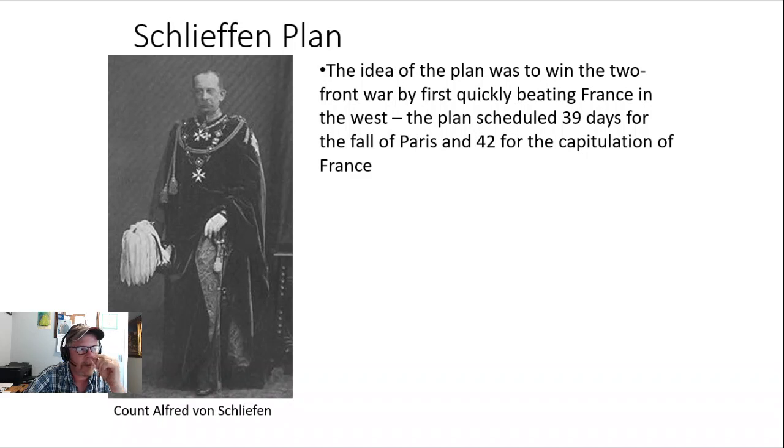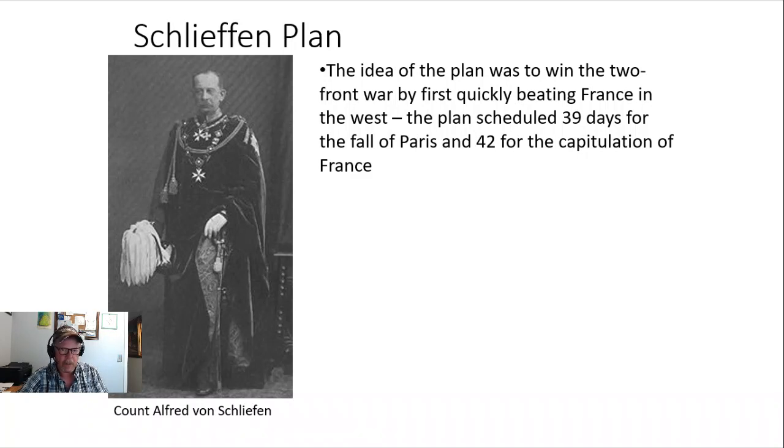We're going to hit France first. We're going to roll through Belgium into France, take Paris. Paris falls, and the French are going to surrender by 42 days from the word go. Month and a half, right? Okay. And the reason they had to do it, this speed was necessary because as soon as they attack France, who's going to come to their aid?